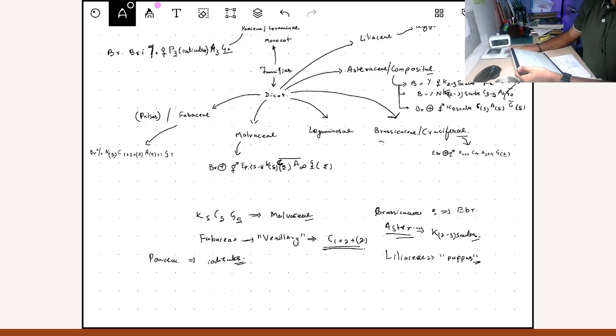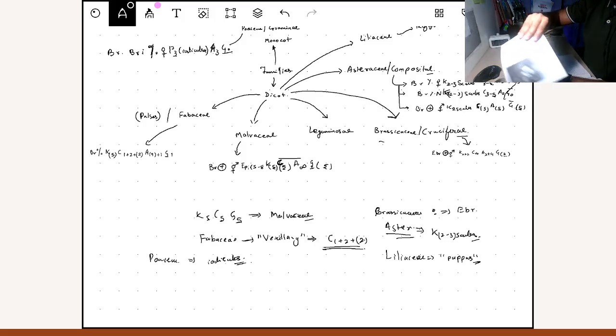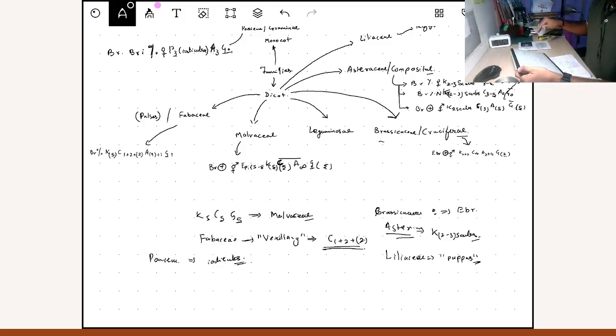I'm going to read this once properly, and we're going to go through the NCERT very quickly and our notes quickly as well.